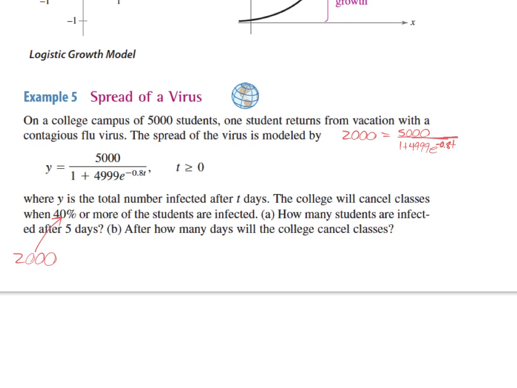Now, by the way, you don't have to know this, but I figure I'll point it out. How many students did we have? 5,000. So that's theoretically the maximum number who could be sick, right? Guess where our horizontal asymptote is? 5,000. Where did the 5,000 end up in our model? In the numerator. That numerator is going to be that top asymptote.